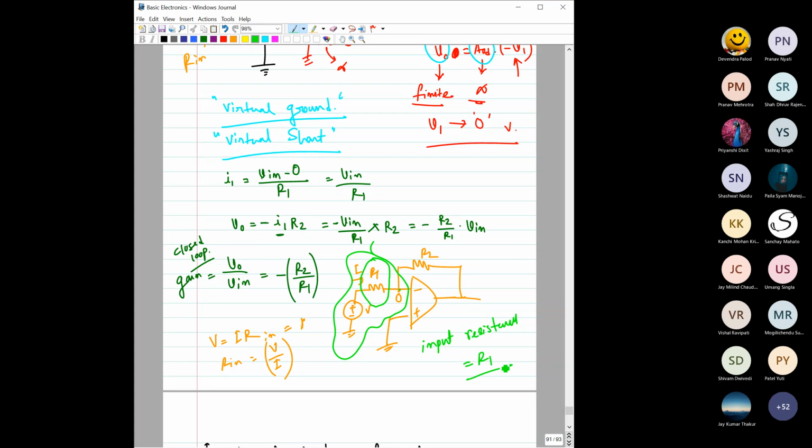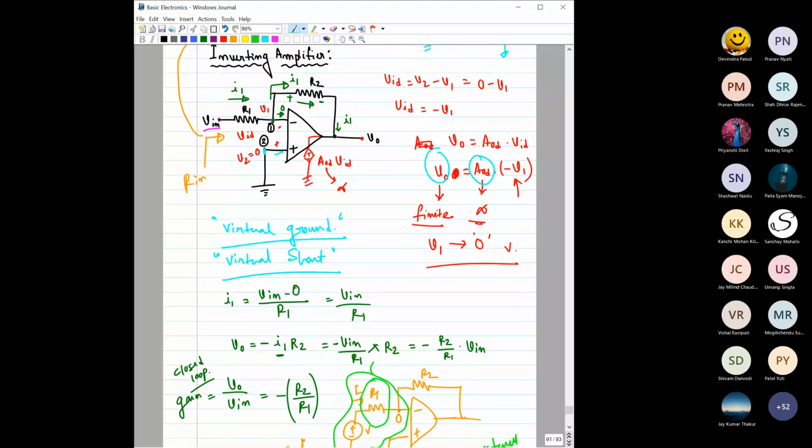Sir, can you please show in the circuit where R in is located? No, R in is not located that way. Suppose you look from here and want to find the input resistance.